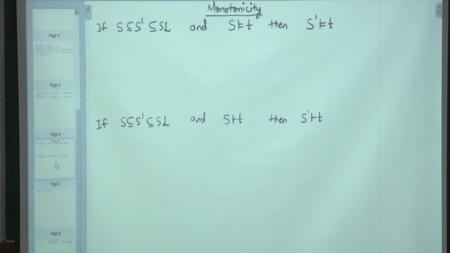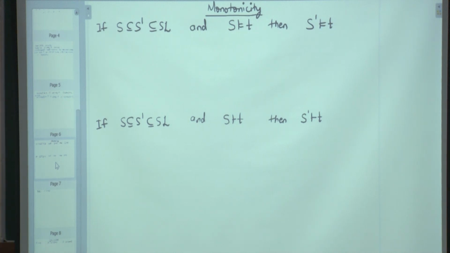Let's do monotonicity. What is semantic monotonicity? The set of logical consequences of capital S is contained inside the set of logical consequences of S prime, whenever S is contained inside S prime. Okay, so now how will we show this? Any ideas? Contrapositive? Why? Take a valuation.